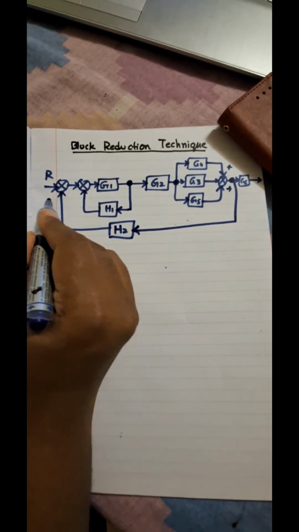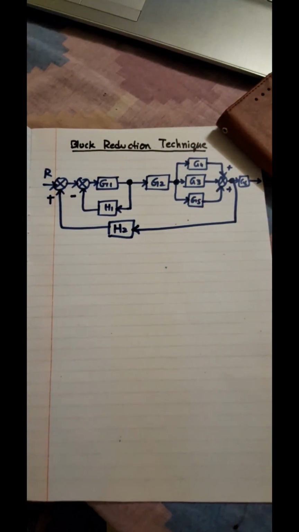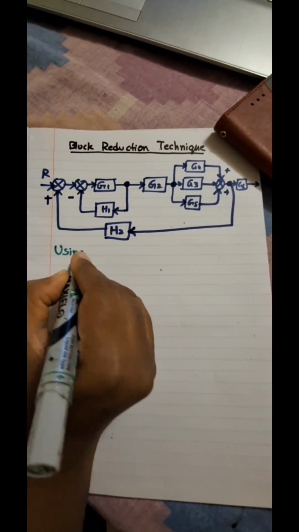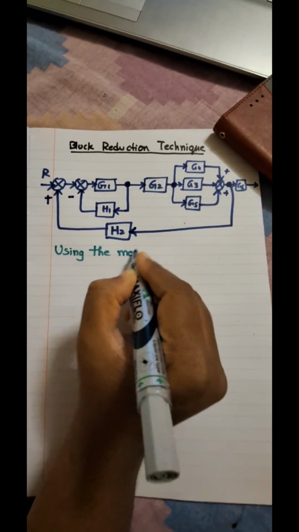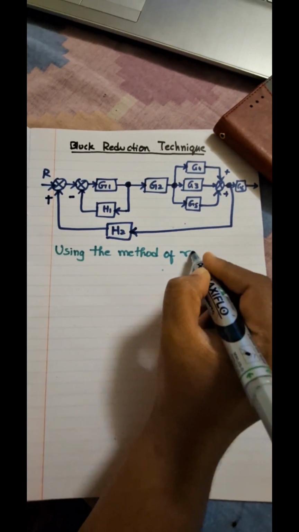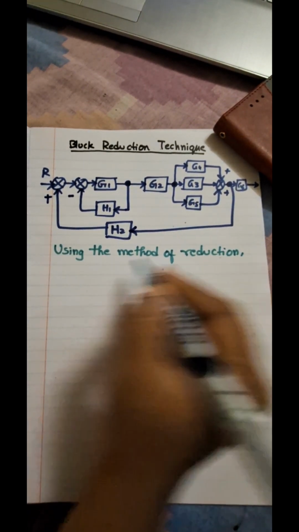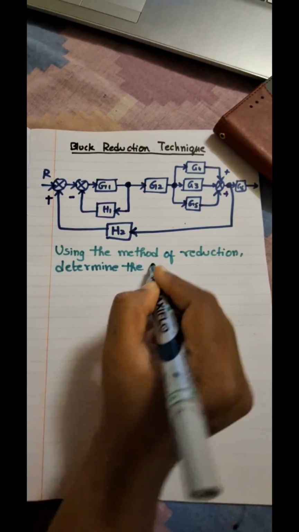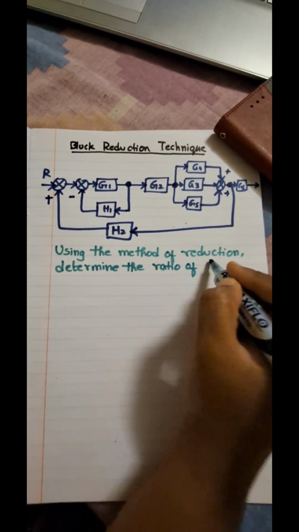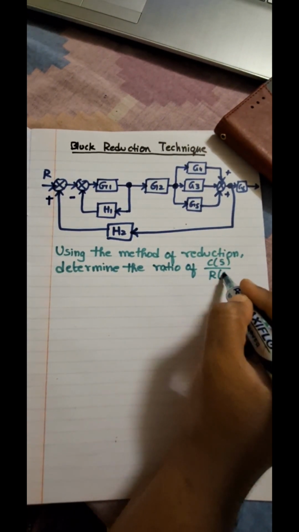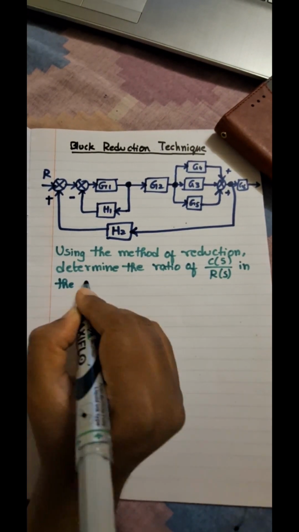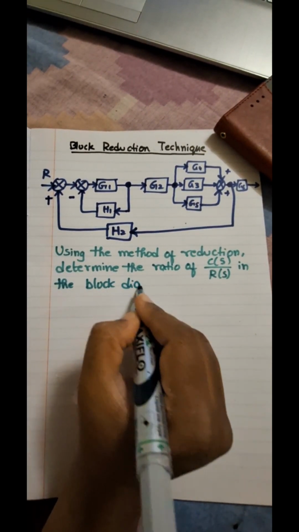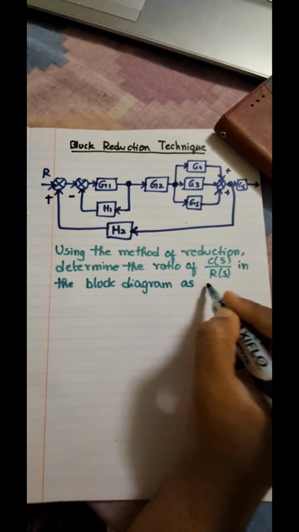So it's a feedback. Here they said it is positive and here they said it is negative. So this is the given block diagram, and the question is using the method of reduction, determine the ratio of C of S by R of S in the block diagram as below.